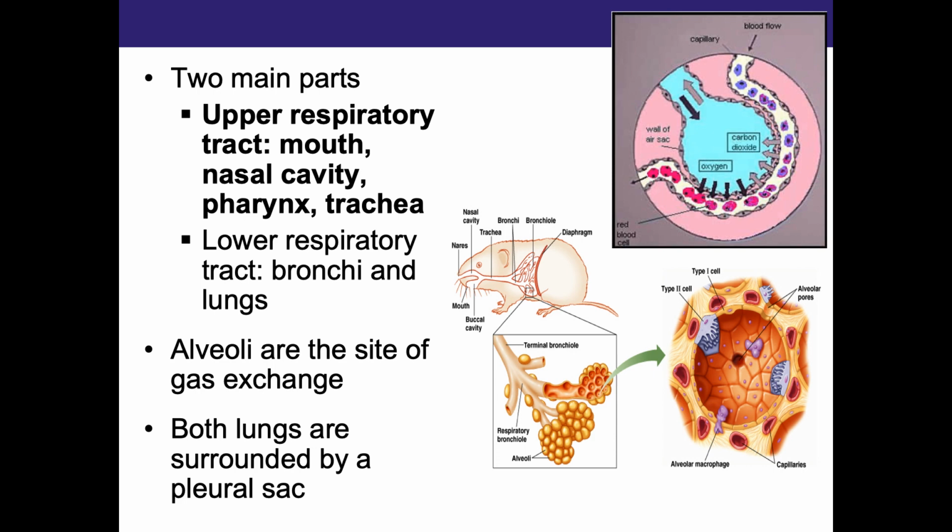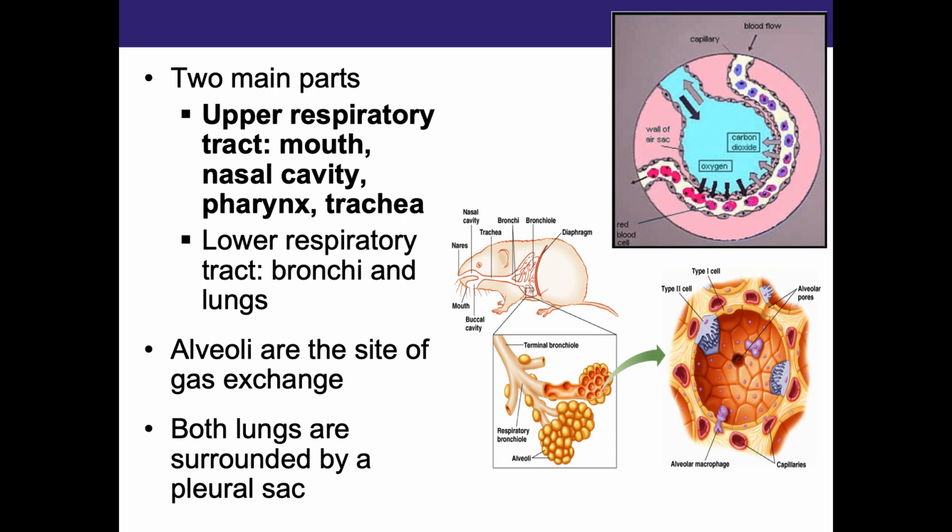Then we're going to get into what alveoli are. That's plural for alveolus. Those are the air sacs that are the site of gas exchange. And then finally, when we get into the mechanics of breathing, I'll be talking about the pleural sacs that actually surround each lung.